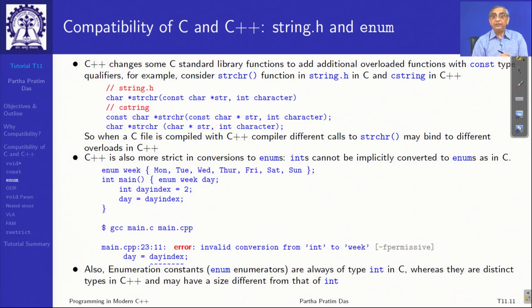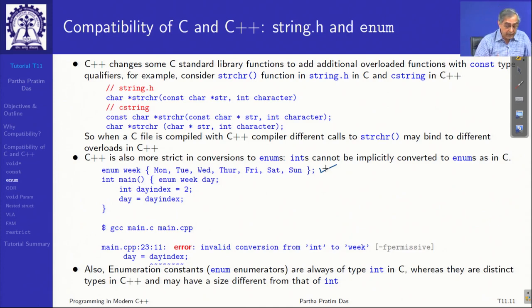Very interesting is the case of enum. Suppose you have an enum, and in C we say that enum is nothing but a subtype of int, so you can take an int and implicitly convert it to enum.